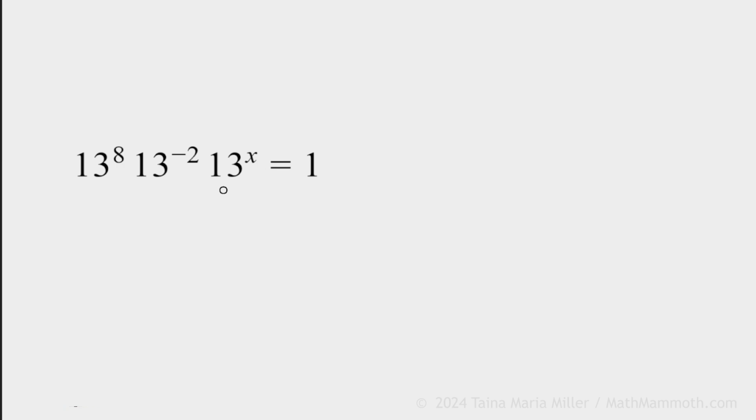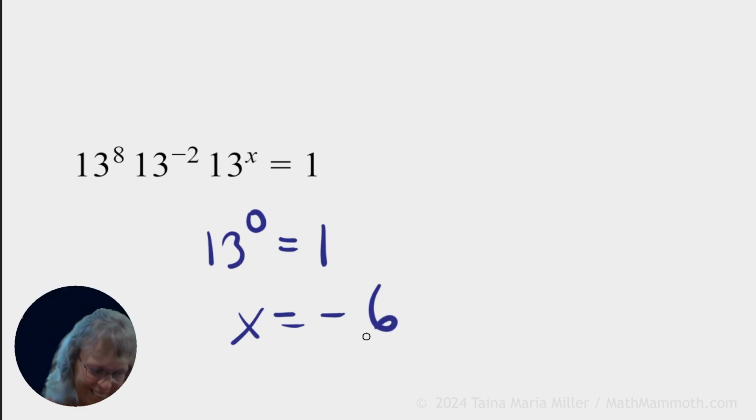Like I said, you can add these exponents when the base is the same. But 13 to what power equals 1? This must be 13 to the 0th power. That's what we are after. So what should x be so that these exponents, when you add them, you get 0? What do you get? I get -6. Is that right? Yeah, Mathy agrees.